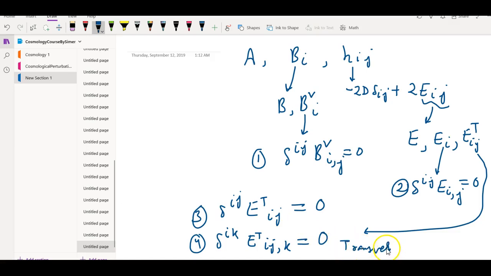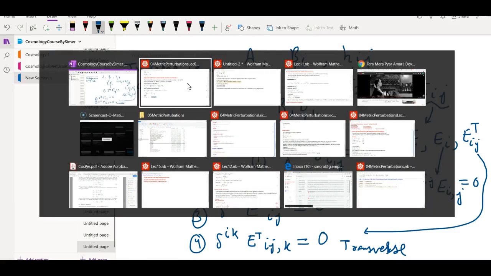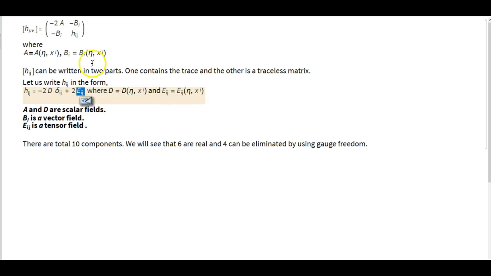So based upon these constraints, how many independent components do we have for this perturbation in the metric tensor?